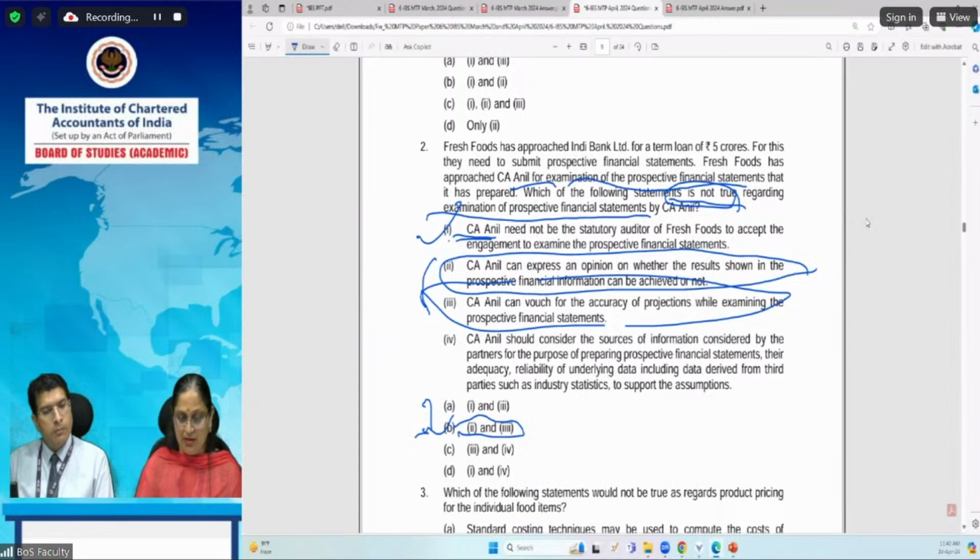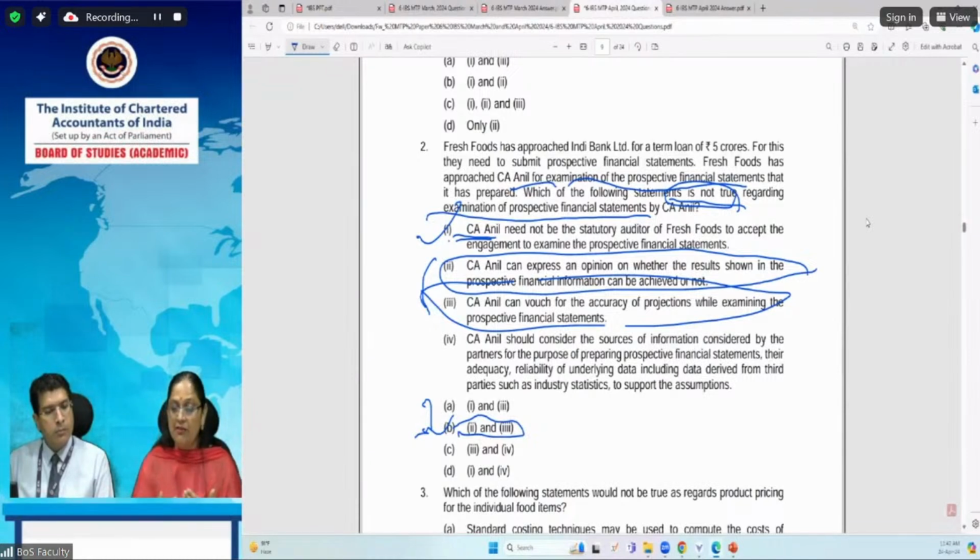Then the fourth one, definitely when he examines, he needs to consider the source of information, because for a prospective financial statement, they need to check whether the source of information and whatever is being prepared is adequate, reliable, relevant, right?